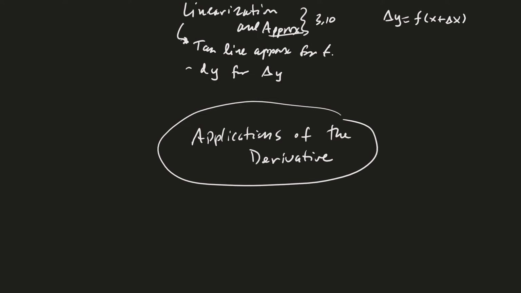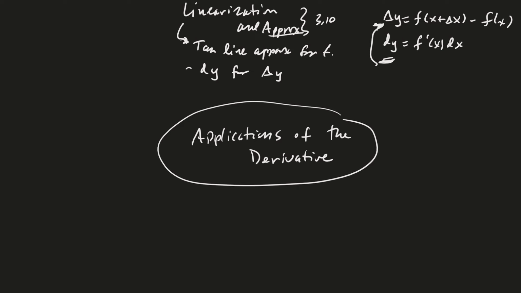So this is the actual change in f in your function, and then dy is the approximation. And using the differentials, we think of dy over dx as f prime of x. So then just multiply both sides by dx. Good, and so we're using the dy to approximate delta y.